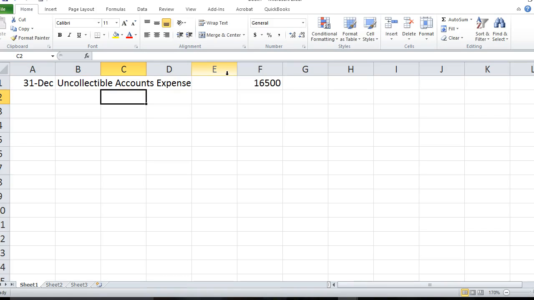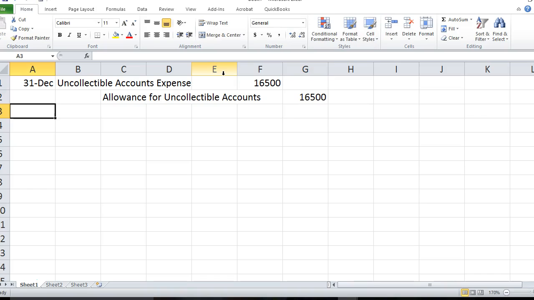And what's our credit? Any ideas? We're doing that contra account. That contra account is allowance for uncollectible accounts. Perfect. Allowance for our uncollectible accounts is going to be $16,500 also.